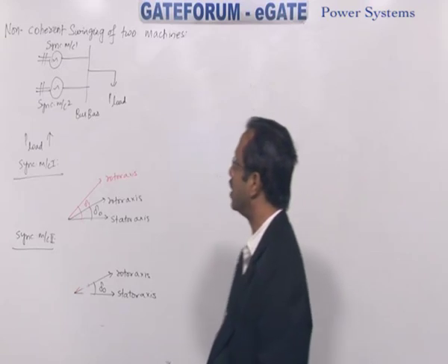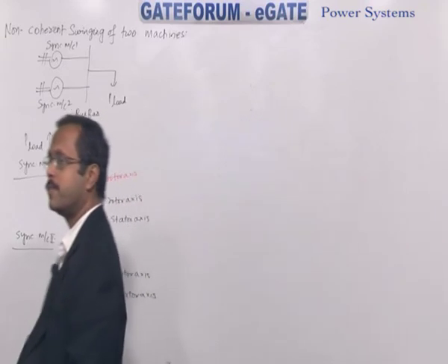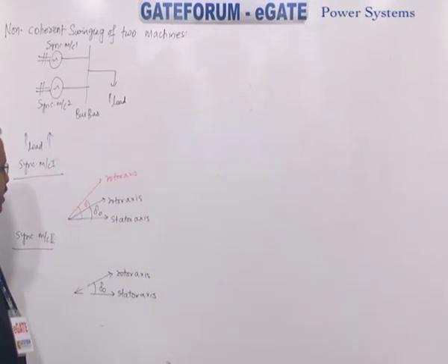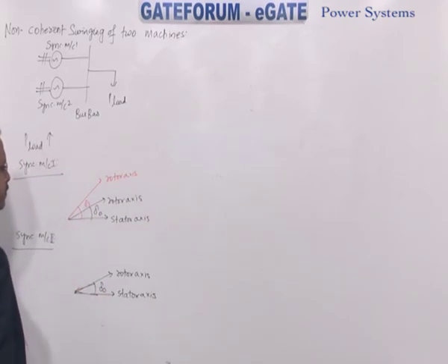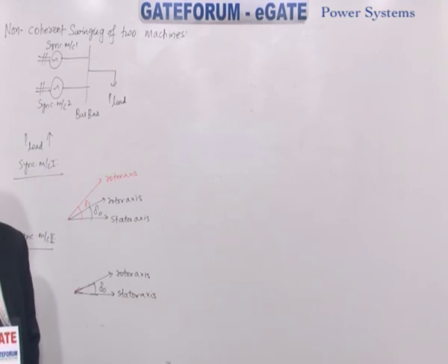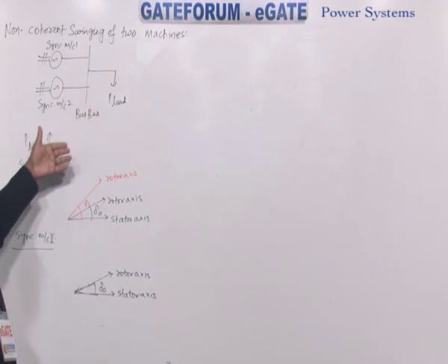Again you consider two alternators in parallel. So what is the initial load angle? Delta naught. Say now the load demand has increased.